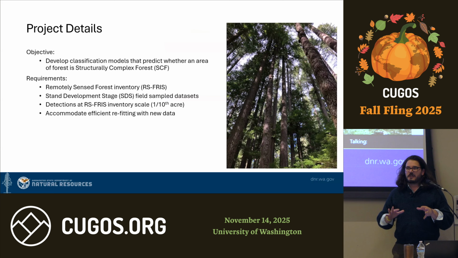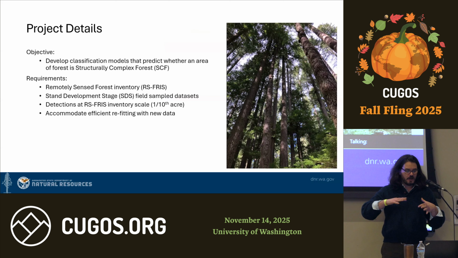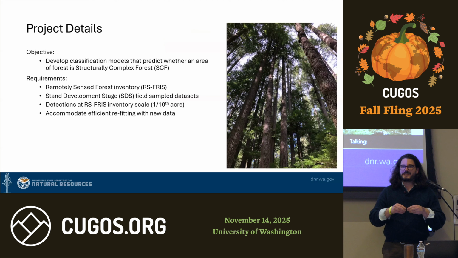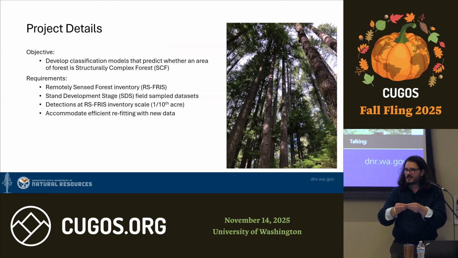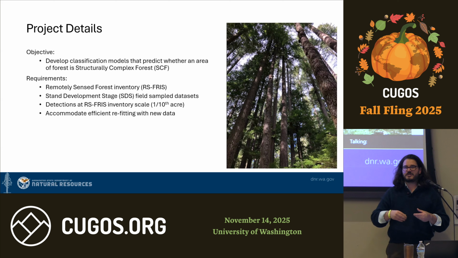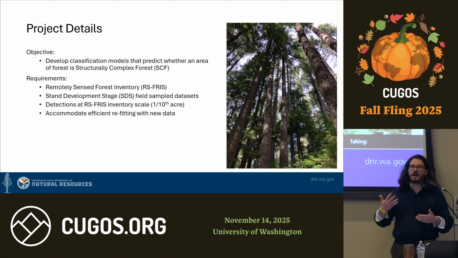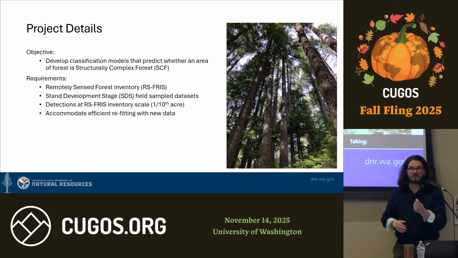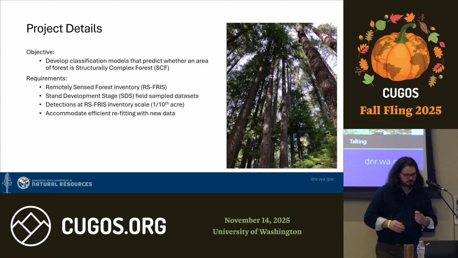The DNR has a remote sensed inventory. So we have 10th acre pixels that are predicting different types of forest attributes like trees per acre and height and things like that. So we're going to try to create models using some of that data.